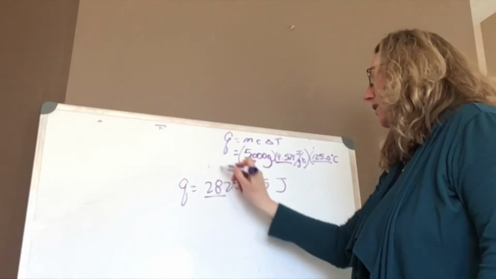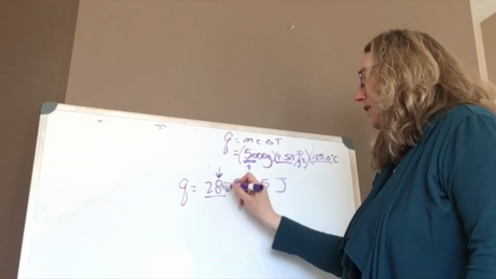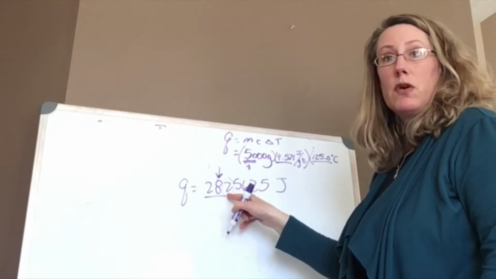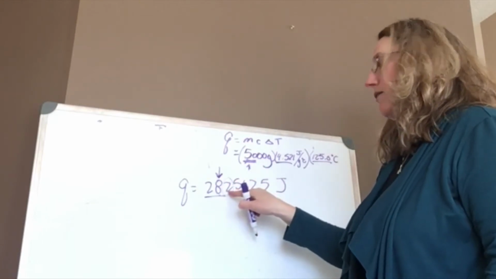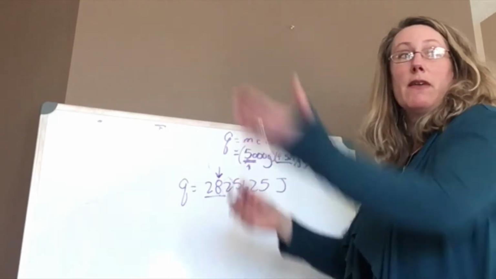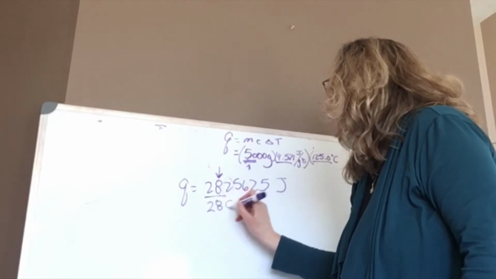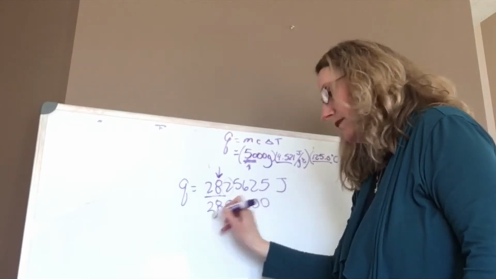So this is the only one that's significant. So I have to look at this place and say, is it 0, 1, 2, 3, or 4? I round down, which means I round to 28. If it's 5, 6, 7, 8, or 9, I round up. So it rounds to 2, 8, and then these are all just placeholders. 1, 2, 3, 4, 5, 6.